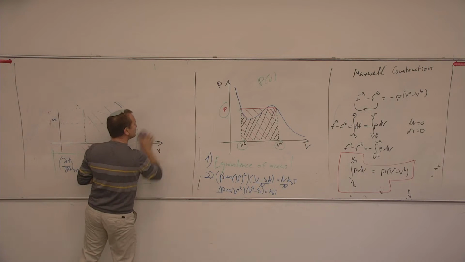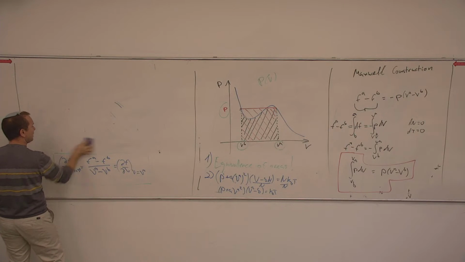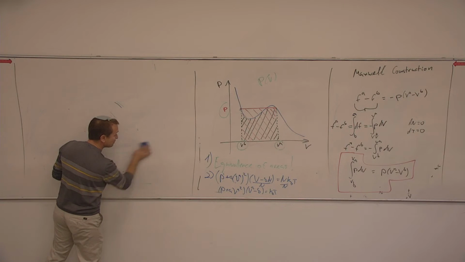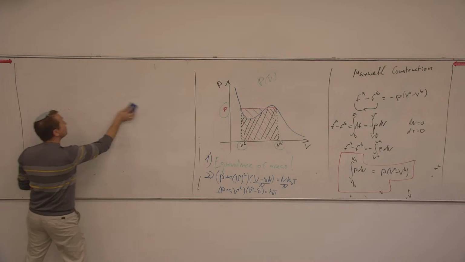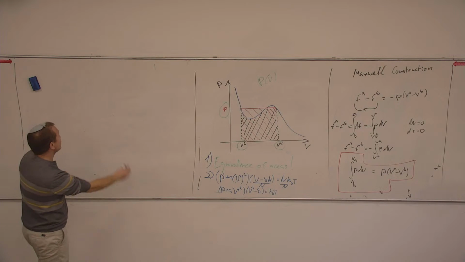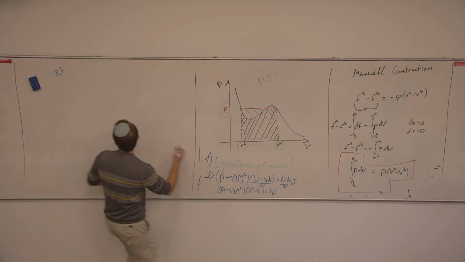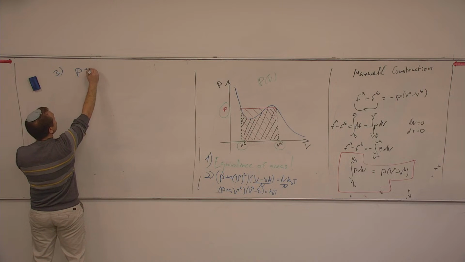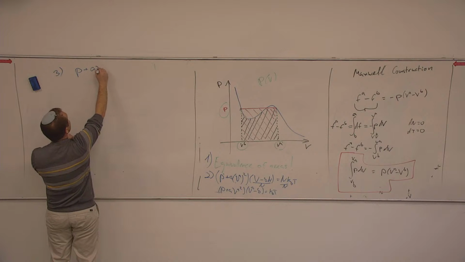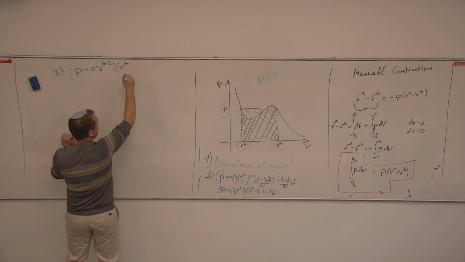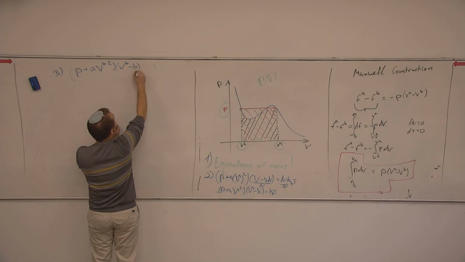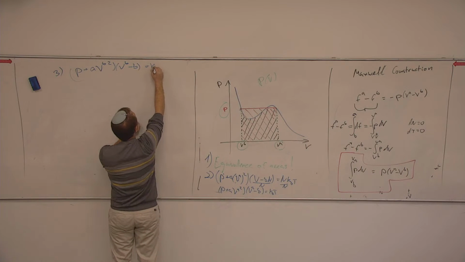At the coexistence, the pressures are exactly the same. The volumes per particle don't have to be, but the pressures have to be. So the third equation we write exactly as this one. It is P plus A nu B squared, multiplied by nu B minus B, equals K Boltzmann T.